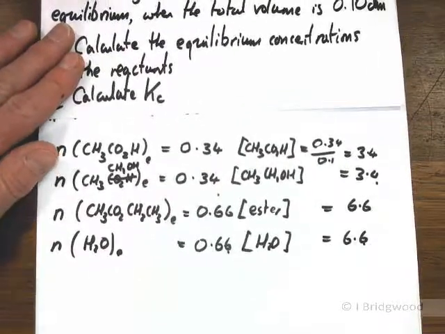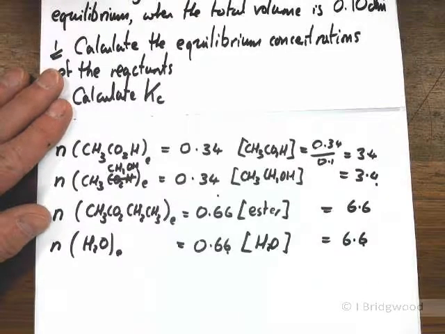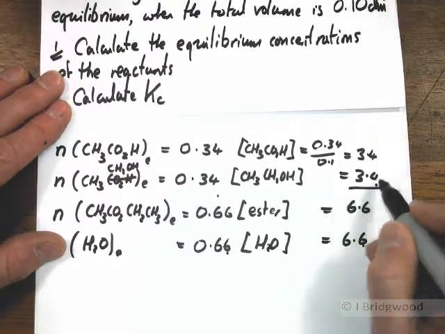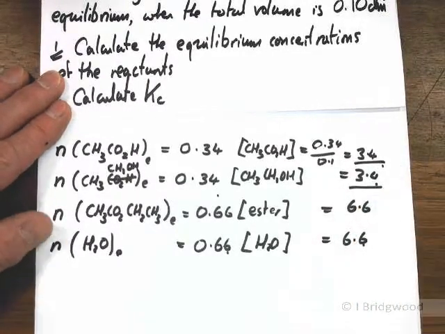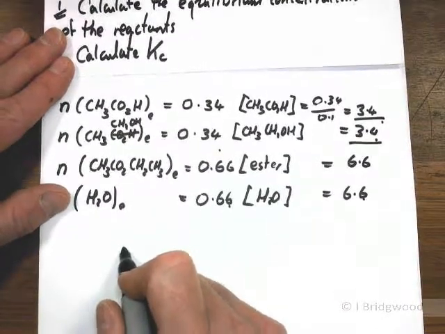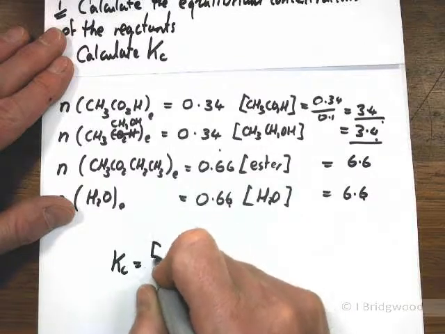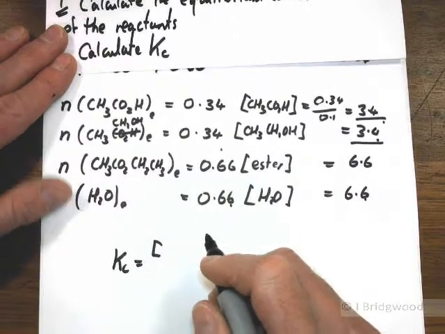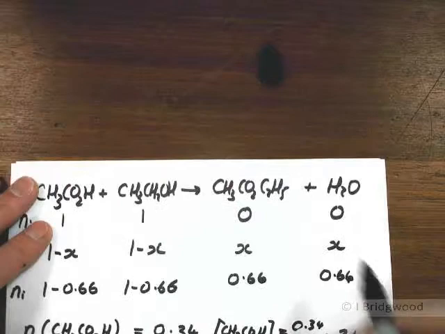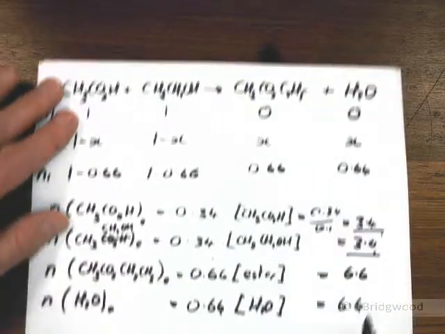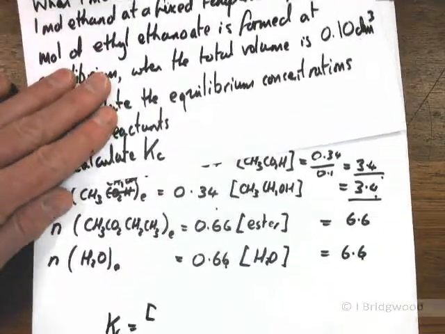Now, second step is to work out our Kc. So we've got our equilibrium concentrations that we were asked to get. Now our Kc, nice and straightforward. Kc is equal to the concentration of the products over the reactants. Let's have a look. There are our products, water and the ethyl ethanoate.